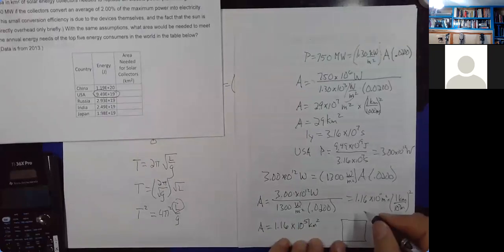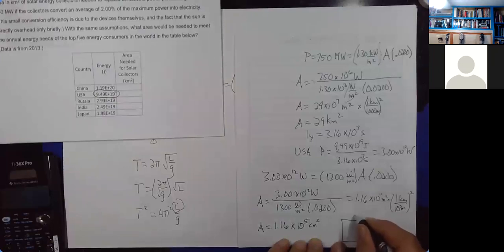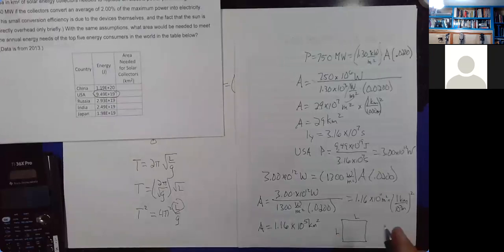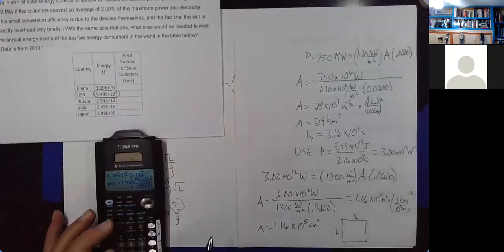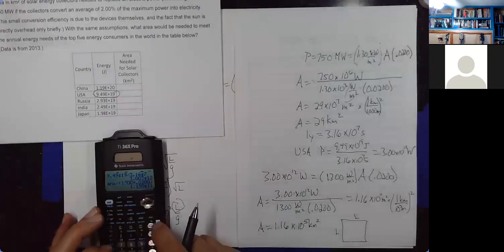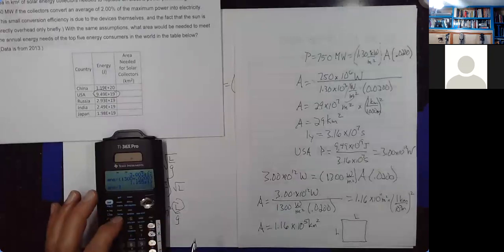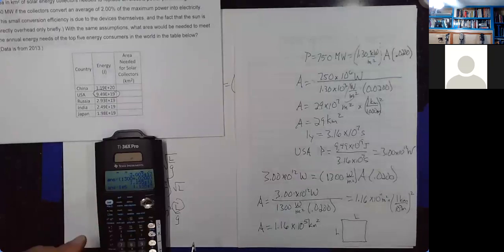Now, if you imagine that that is a square, like the state of Colorado, it's not perfectly a square, I think it's a rectangle. But anyway, that area would equal the length squared. So if I take the square root of that, it'll tell me the side of a square piece of land that might work for this.